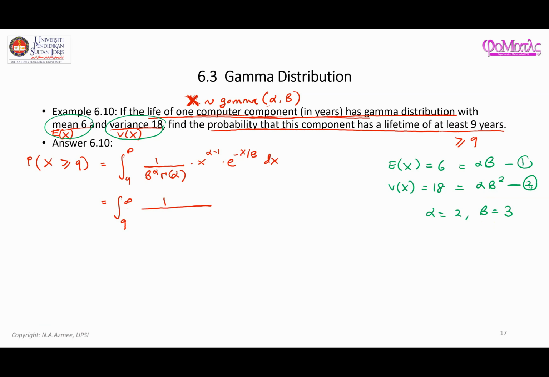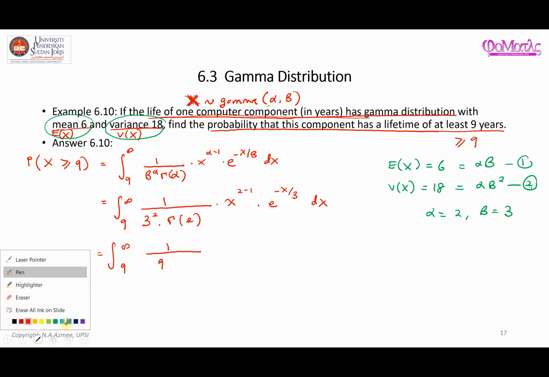1 over beta, which is 3, to the power of 2, gamma of 2, and then here we have x to the 2 minus 1, e to the negative x over 3, dx. That can be simplified to 1 over 9.